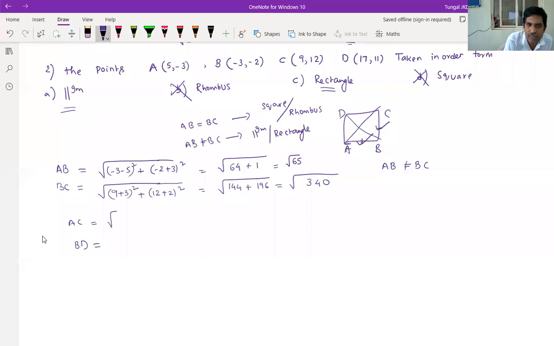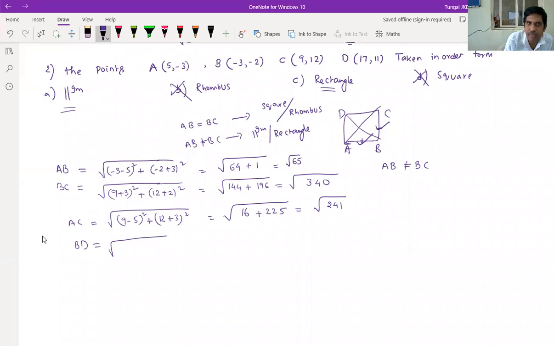What is the AC distance? We get root over (9 - 5) whole square plus (12 - (-3)), that is plus 3, square. So 9 minus 5 is 4, square is 16. 12 plus 3 is 15, 15 square is 225. What we are getting is root 241.